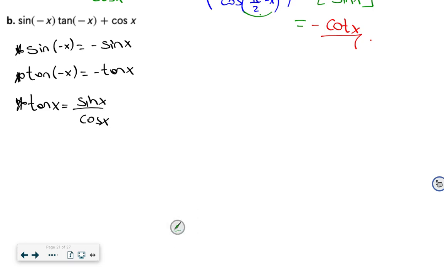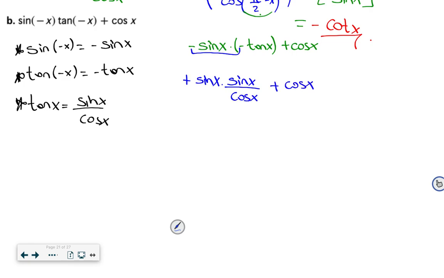So we know that sine minus x can be written minus sine x times tangent minus x can be written minus tangent x plus cosine x. After that, ladies and gentlemen, we know that negative times negative is going to be positive: sine x times tangent x can be written sine x over cosine x plus cosine x.